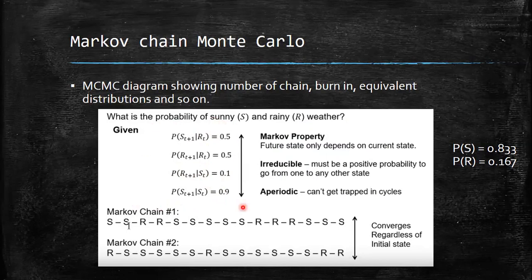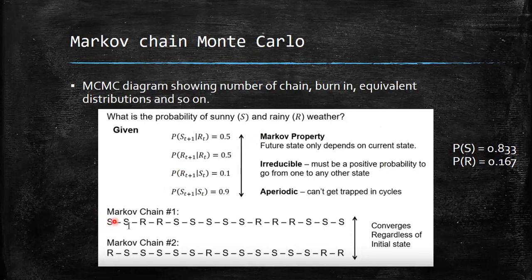Given that we have these conditional probabilities, and they satisfy all these properties, we can try to predict the probability of it being sunny or rainy independently, in terms of a joint distribution, by using these Markov chains.